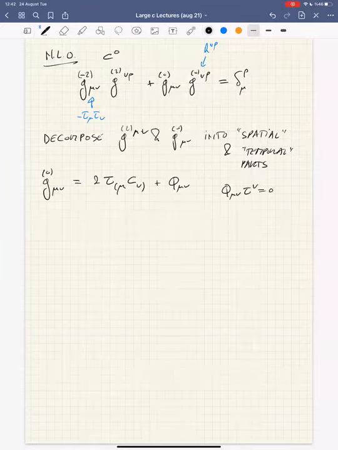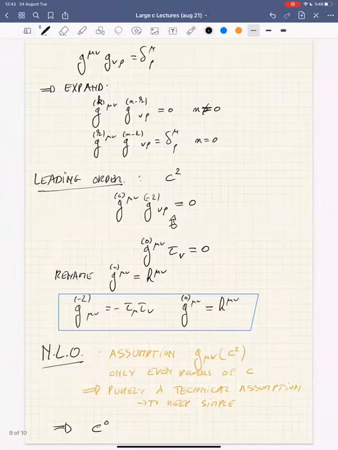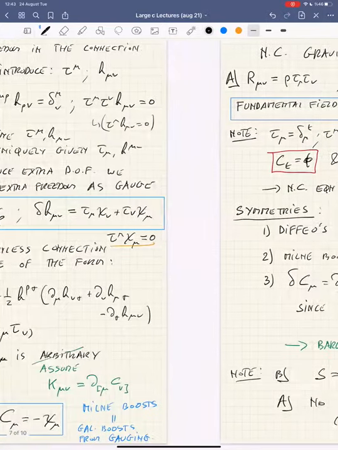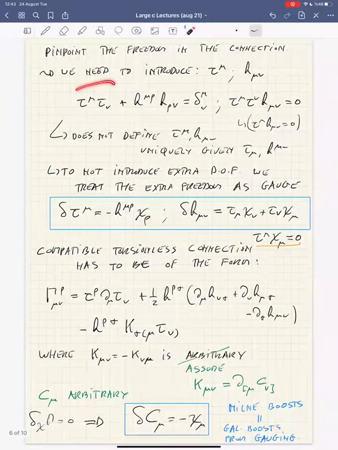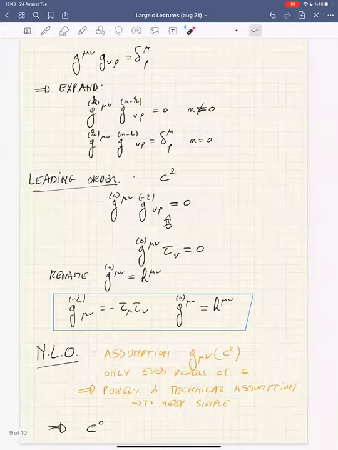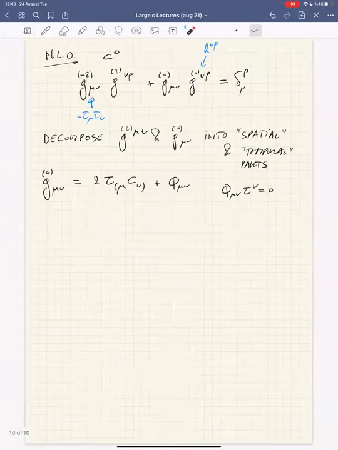So again, I don't show it, but it's not hard to convince yourself. Using this relation here, you can think of two projectors, a time-like projector and a space-like projector. And using this projector, you can decompose any tensor in this way. And what we end up with is the decomposition of this form. I skip some details here, but it should not be too hard to convince yourself that you can always uniquely decompose something like that.